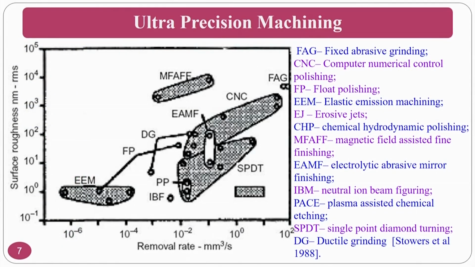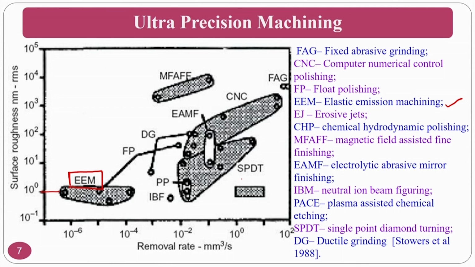So if you can see here, elastic emission machining is what we have studied, and MAF we will study. Many things like the electrolytic abrasive machining we have not studied, but one of the processes that we have studied is elastic emission machining. This follows the surface roughness range of 10 to the power 0 and so on.